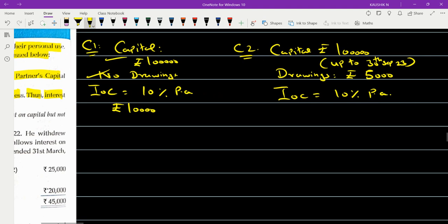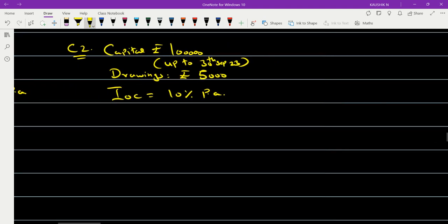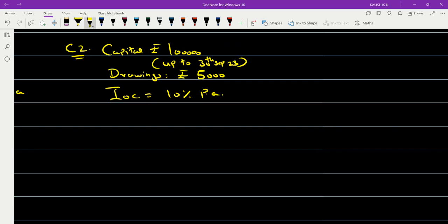Now, in this case, how will you calculate your interest on capital? Your accounting period is from April to March. Capital is 1 lakh. This capital is up to 30th September, it remains as 1 lakh.